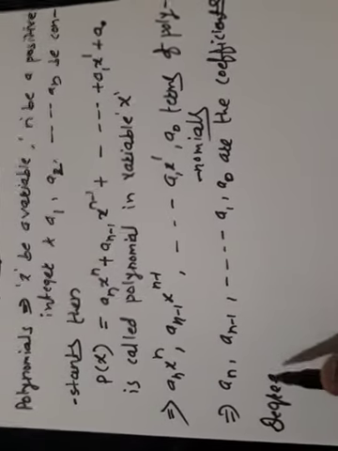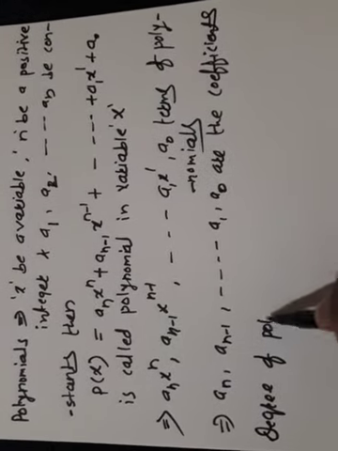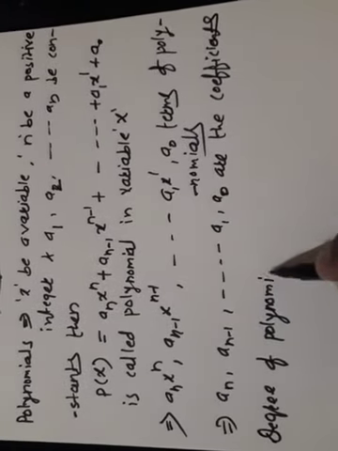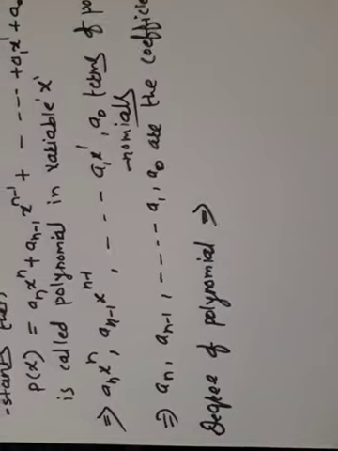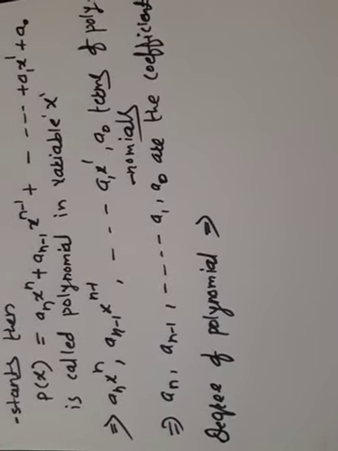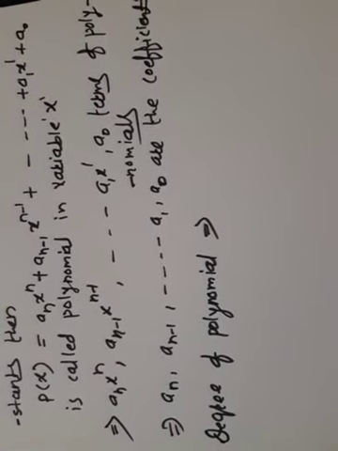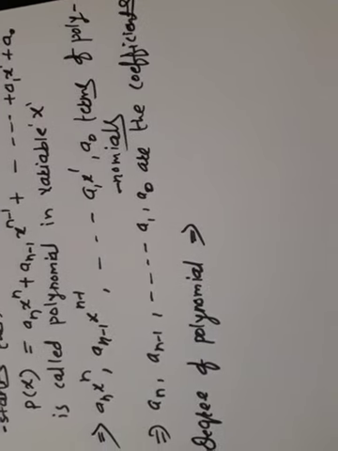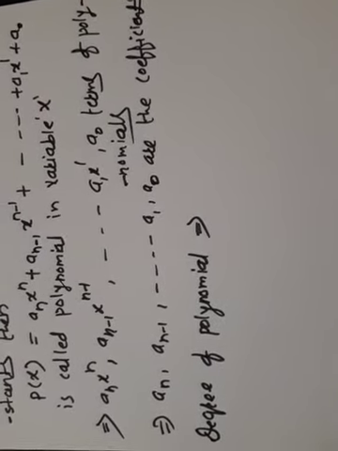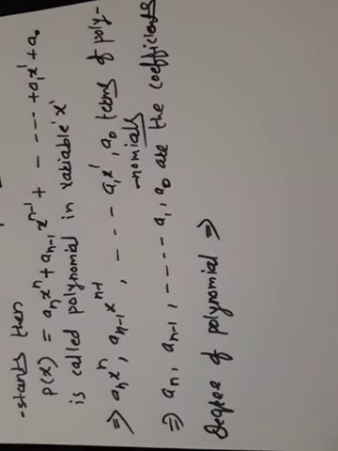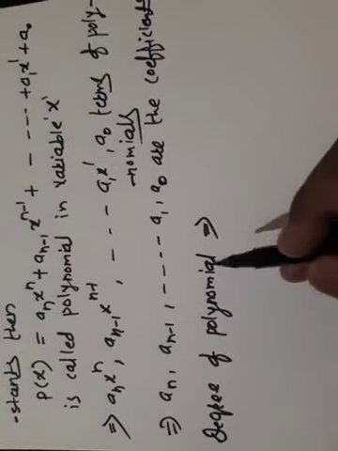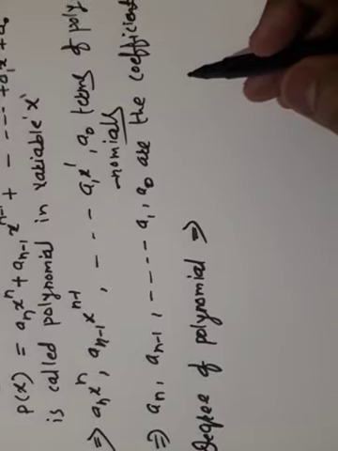Okay, the next point I am going to start is also very important: degree of polynomial. Sometimes this question is asked for 1 mark or in fill in the blanks: write the degree of the given polynomial. But students get confused because they do not give much value to the introductory part. Here is a simple definition of degree of polynomial.